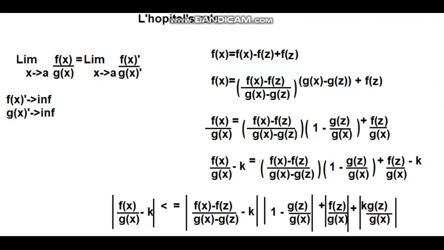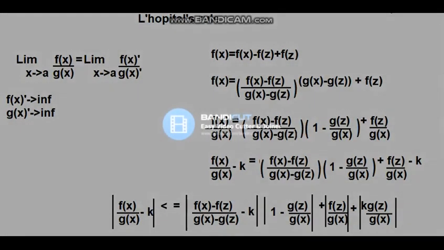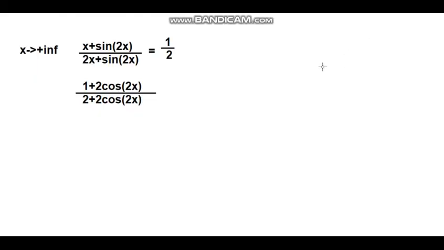Of course. If we cannot find this point z, then we cannot use L'Hopital's rule. We always have to check that this point exists.